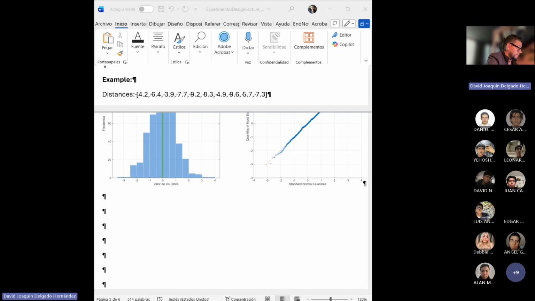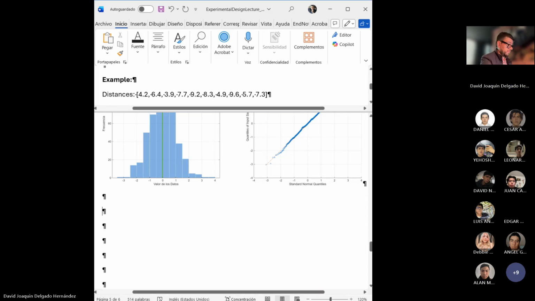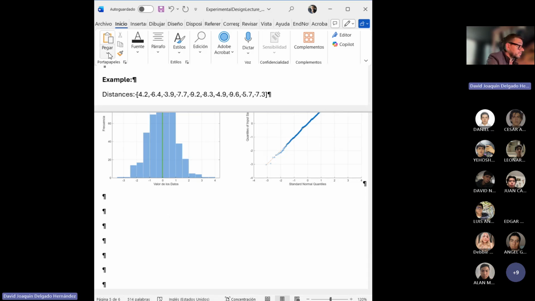Okay. I am going to copy from MATLAB. Here we are. Okay, here is the interpretation.